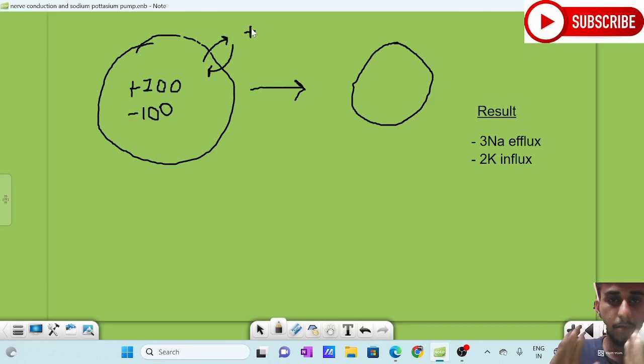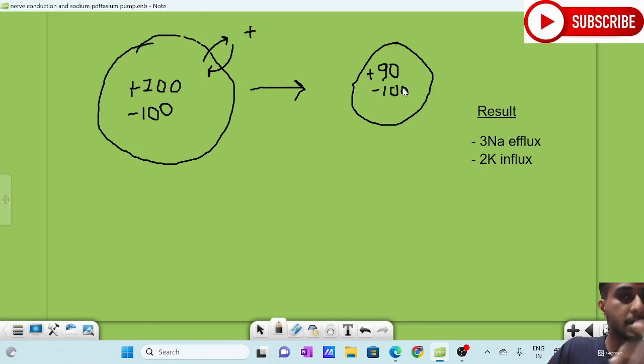Just consider 3 positive charges went outside and 2 positive charges came inside, because sodium and potassium exist in cationic form. So in one cycle, 1 positive ion went outside. After one cycle, the inside becomes 99 positive ions and 100 negative ions.